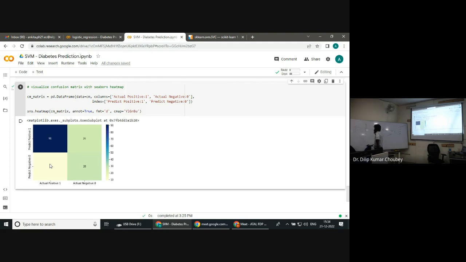Now look at this equation. This is nothing but the equation of a plane. Had it been two dimensions, this would have been two inputs, then z would have been w1x plus w2y. Am I right?